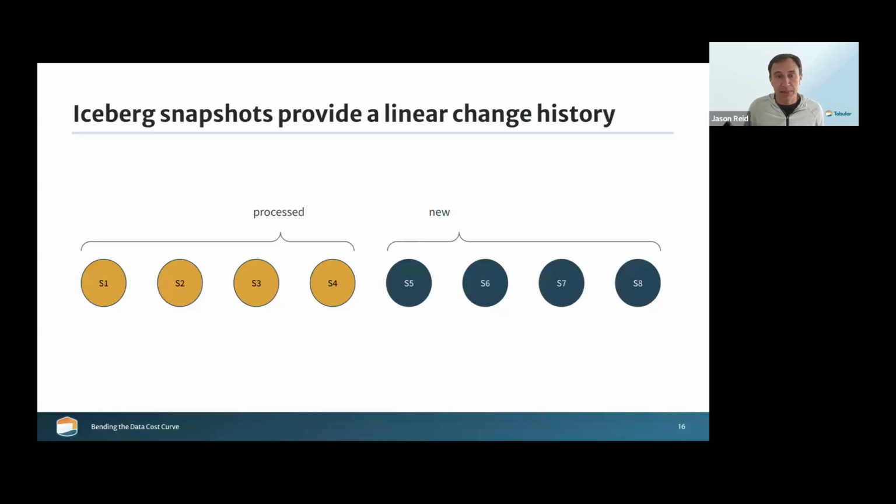And again, this is where Iceberg's linear snapshot history is a really powerful construct because we can keep track of the fact that, hey, our job has processed through snapshot 4, and now I see there's snapshots 5, 6, 7, and 8. I know that all the changes that are represented in snapshots 5 through 8 are the ones that I now have to go and process, right? And so I can do this very direct incremental processing and know that I'm only dealing with changed data.